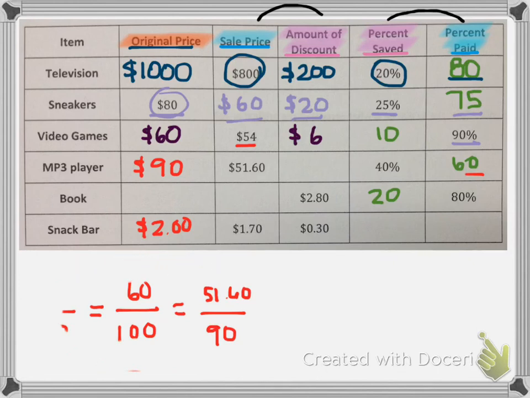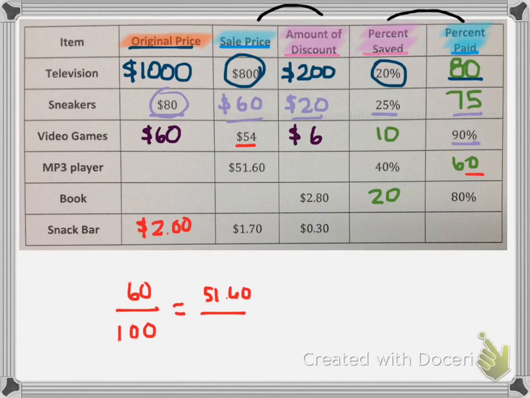So what do I do? Well, I know 60 divided by 100, I could do that. 60 divided by 100, I don't know this yet. Actually let me get rid of that too, that's not there. Oh, I can't do that. What can I do?